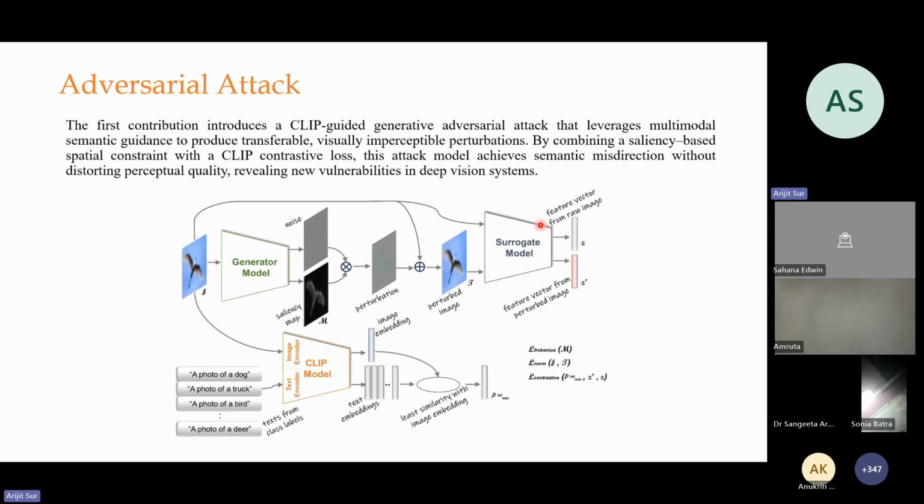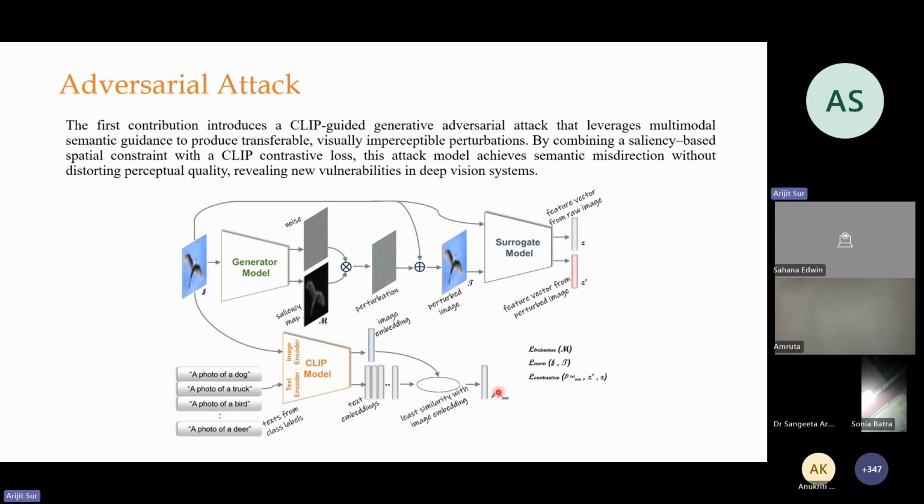So these are the noisy model. You can see Z and Z bar: these are the feature vectors from the perturbed image and the raw, actual image. And for this training, what loss function do we have? These two existing losses, and another is the CLIP model's contrastive loss.